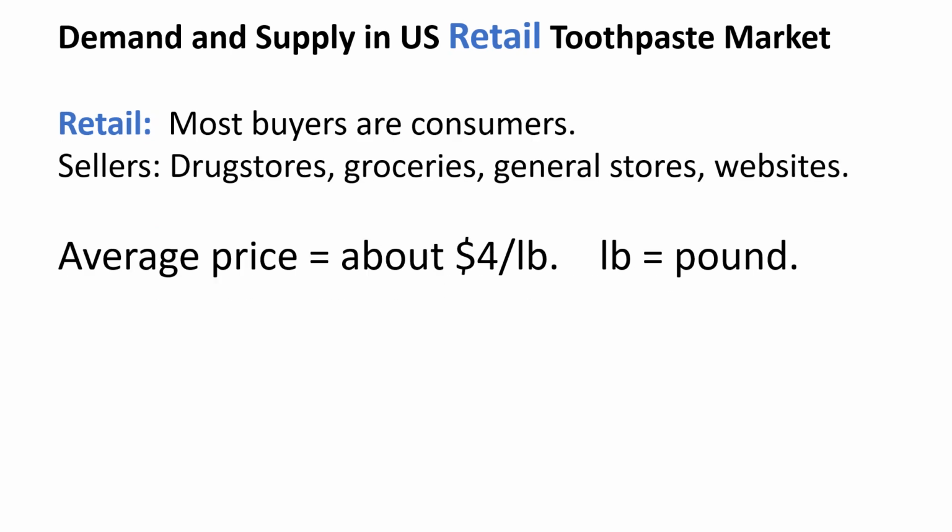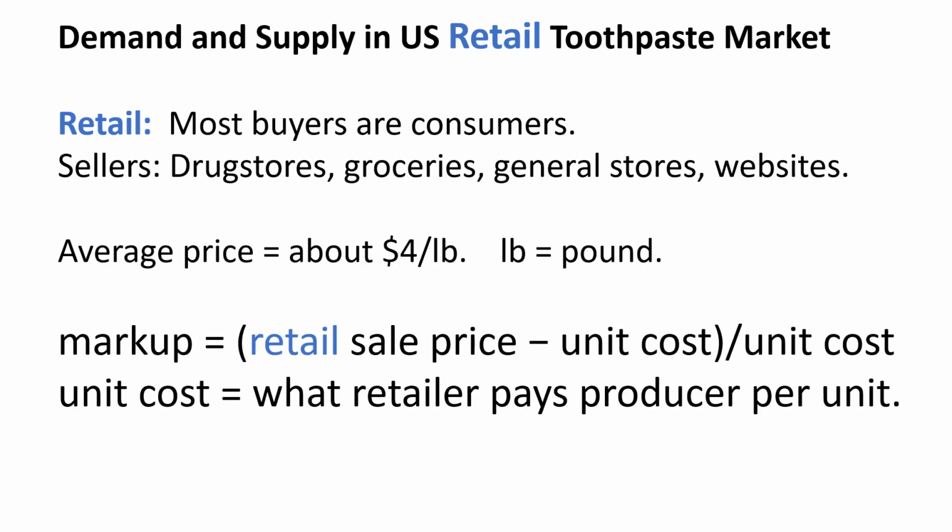The average price of toothpaste is about $4 a pound. The retailers are making a profit on average, so the way they do it is by charging a sale price that's higher than their cost, what they're paying the producers to supply the toothpaste. So the markup, that's the name for the fraction of their cost which they add on to that cost to get their sale price.